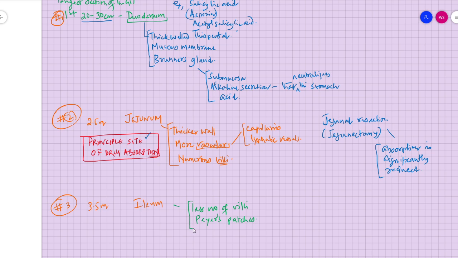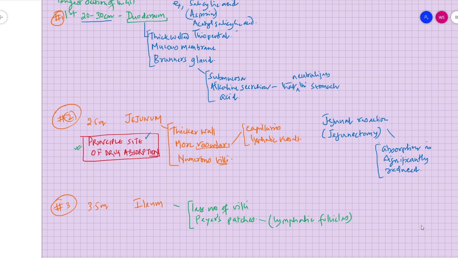So what are Peyer's patches? They're basically lymphatic follicles. Fewer villi means absorption takes place, but not as much as in jejunum. So as far as drug absorption is concerned, the jejunum happens to be the primary site.